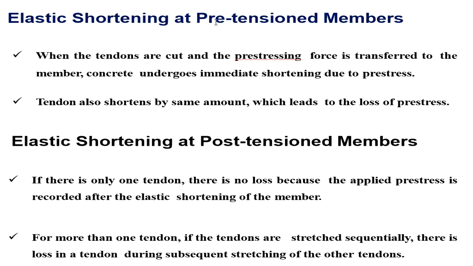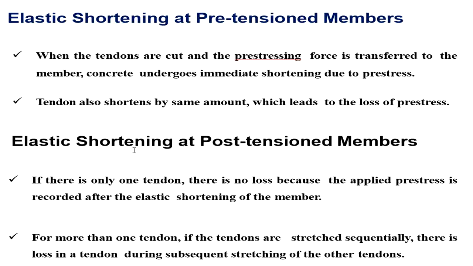We'll study first in the pre-tension member. When the tendons are cut and the pre-stressing force is transferred to the member, concrete undergoes immediate shortening due to pre-stress. Then the tendon also shortens by the same amount, which leads to the loss of pre-stress.